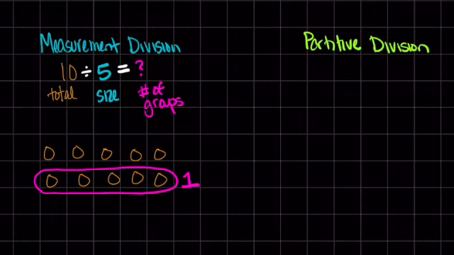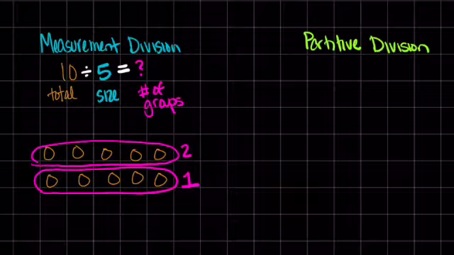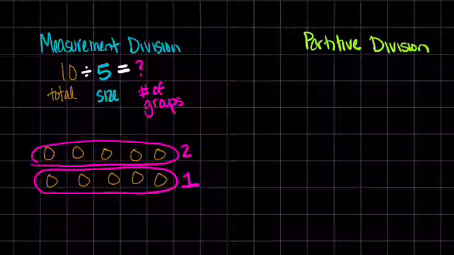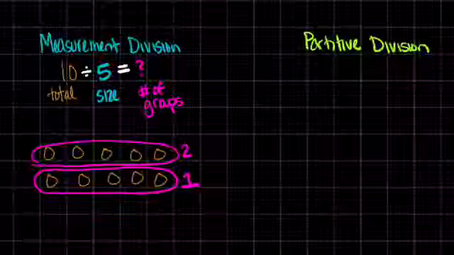This is one group. There's 5 here. I'm measuring out 5. And I can make 2 groups. That's the thing that I'm looking for in measurement division. I know how big each group is, so I measure out that size. And I see how many times I can make a group that is that size.